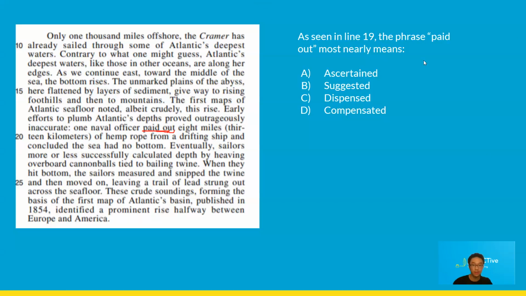So the meaning of the phrase paid out: one naval officer paid out 8 miles of hemp rope. Let's plug in the answer choices and see if we can find one that matches. One naval officer ascertained 8 miles of hemp rope. Well, first off, 99% of the time the SAT and ACT doesn't require you to understand the meaning of complex words.